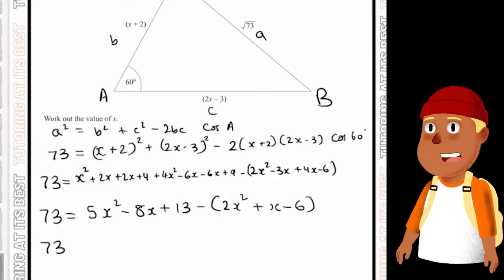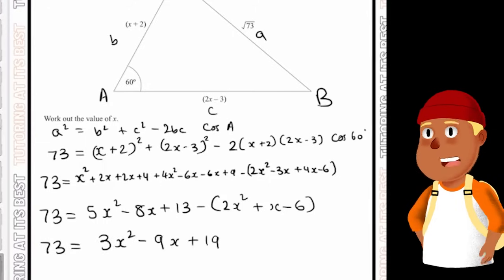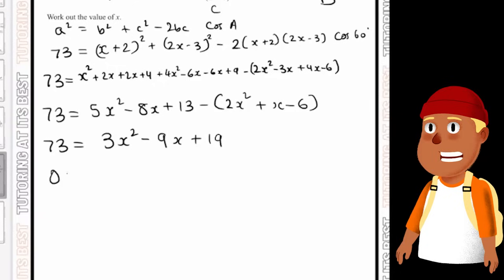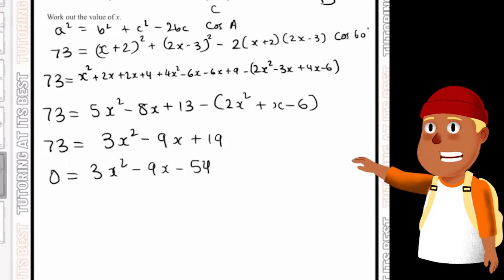So again, collecting like terms, which leaves me with 3x squared minus 9x plus 19. I'll make 0 the subject as we're working with a quadratic equation. And that gives me 3x squared minus 9x minus 54, as that 73 becomes a negative 73.